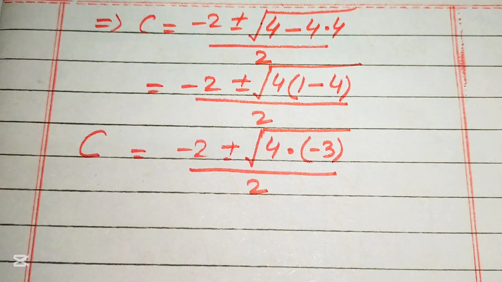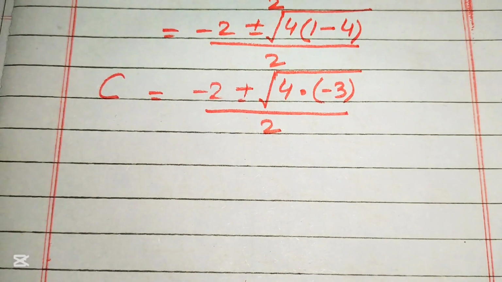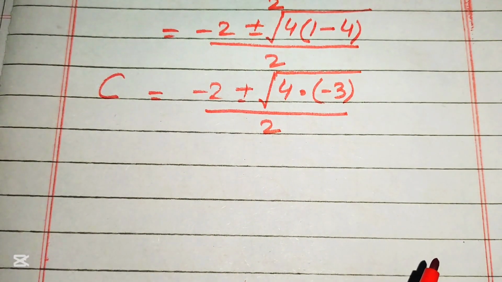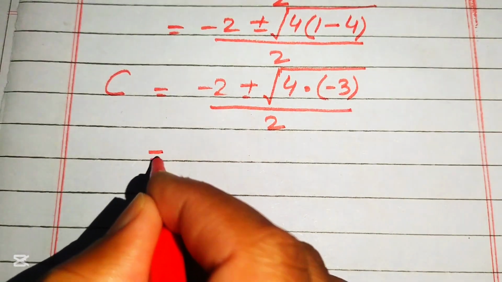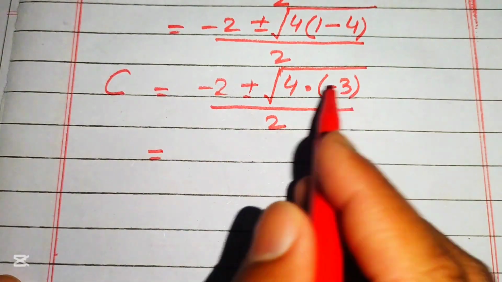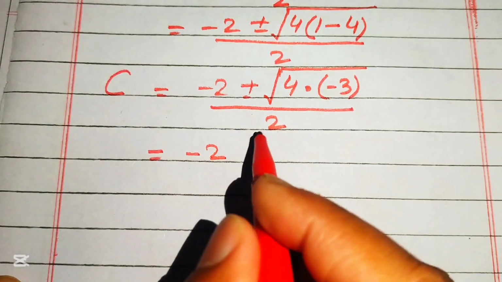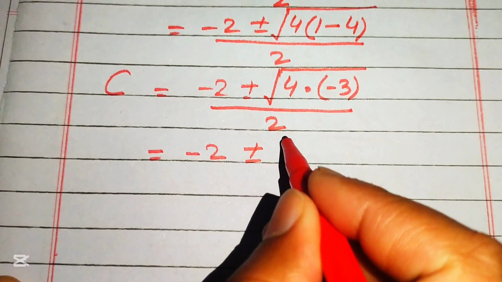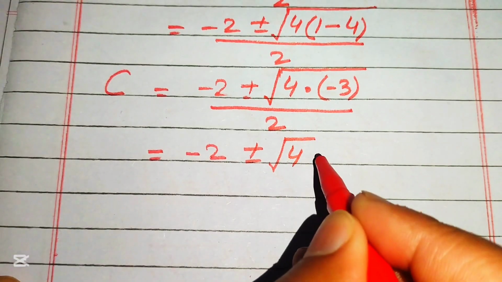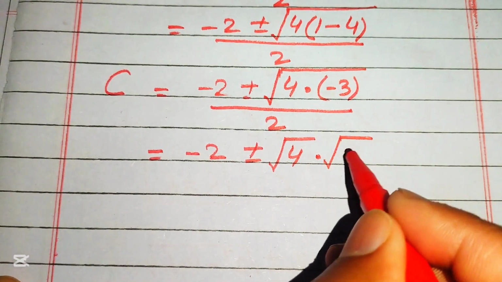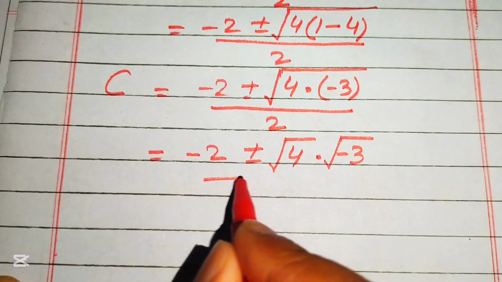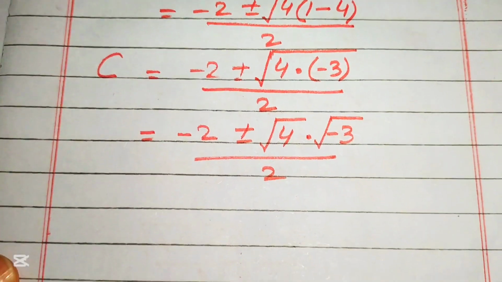So now in the next step we can apply the square root law, and according to this law we apply the square root separately on both of these terms, and it will be written as −2 ± √4 multiplied by √(−3), divided by 2.